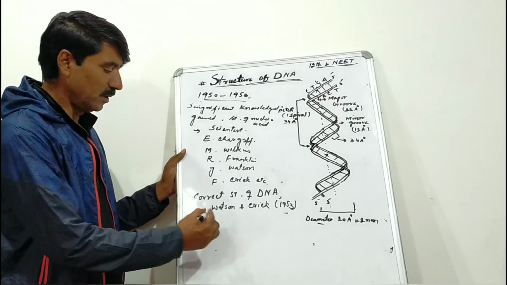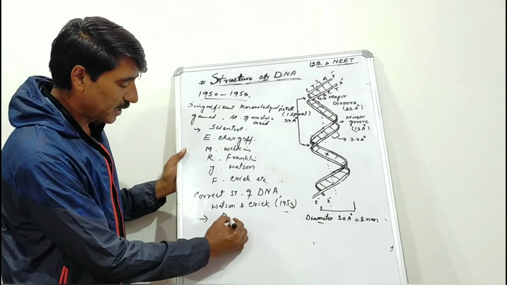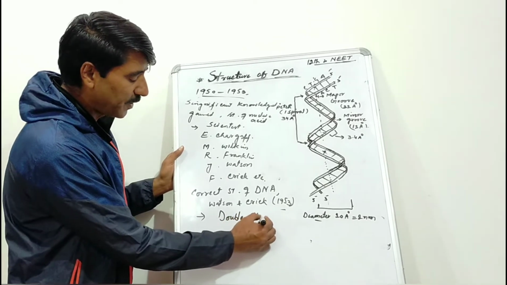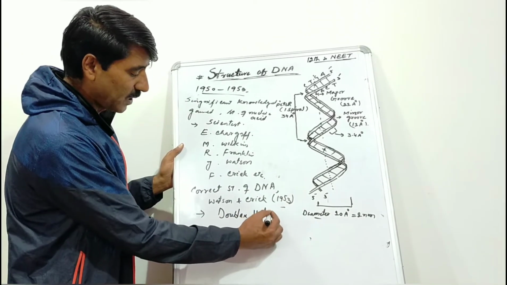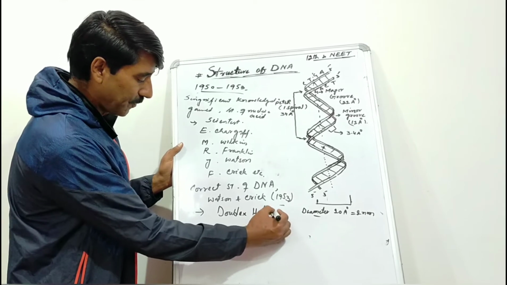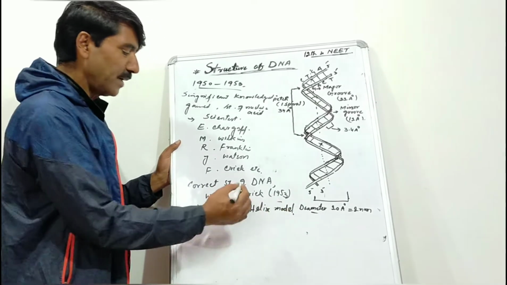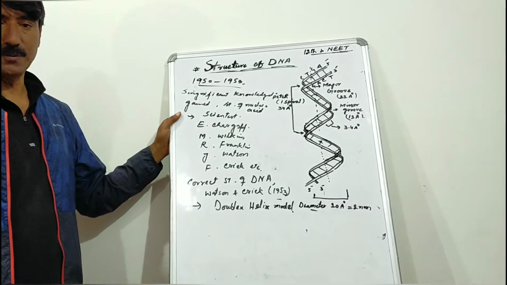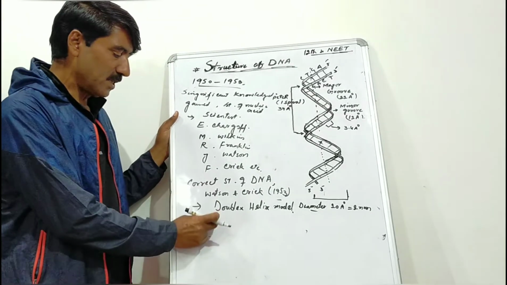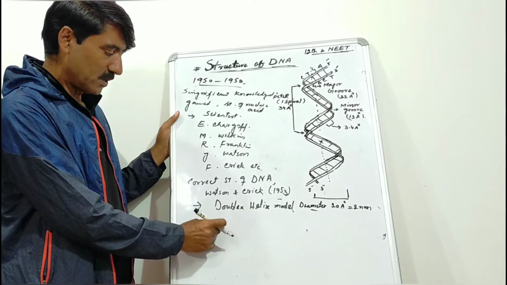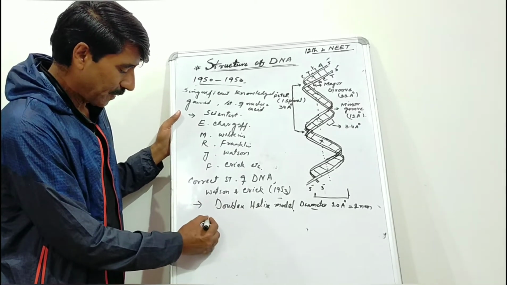This 3D model is known as the double helix model. So the double helix model for DNA structure, which is the correct structure of DNA, was proposed by Watson and Crick in 1953.